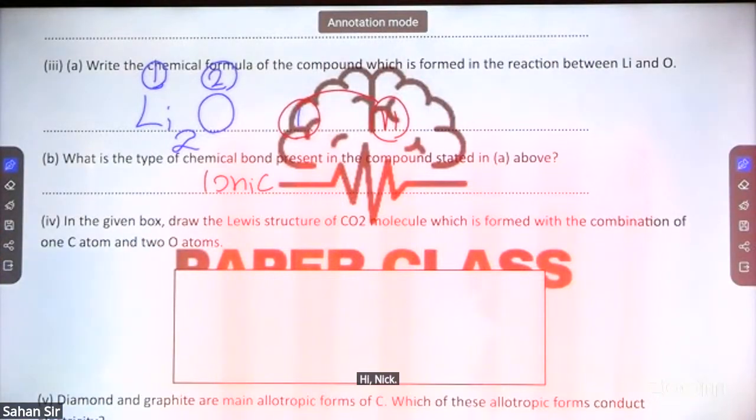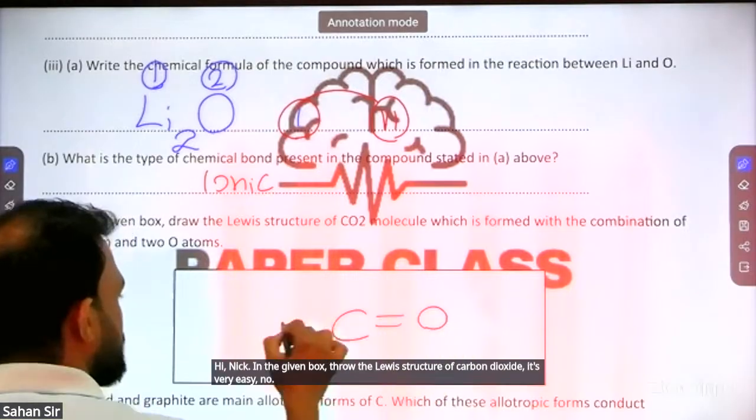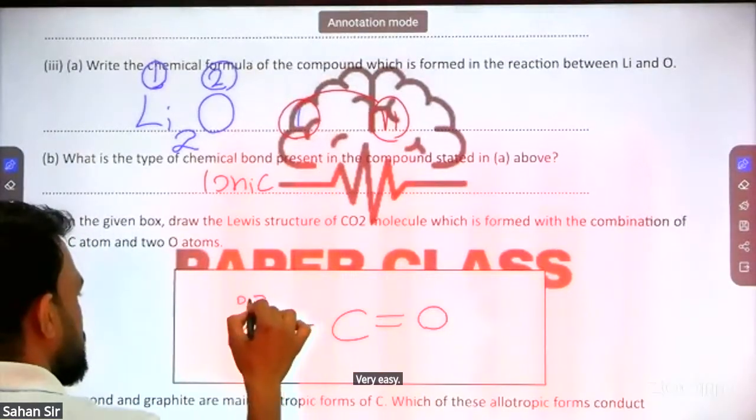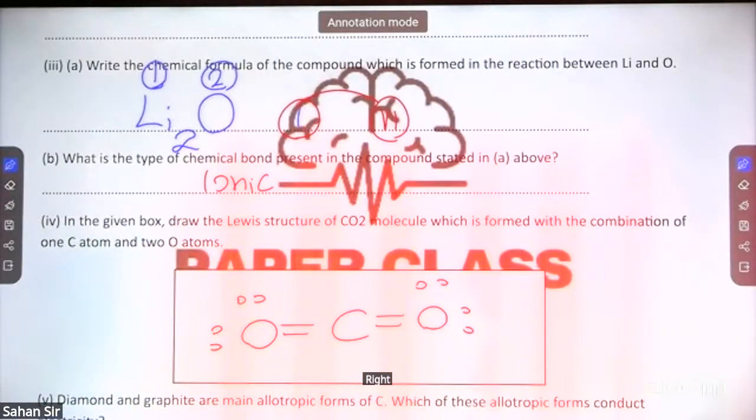In the given box, draw the Lewis structure of carbon dioxide. It's very easy, no? Very easy. Right. Is it clear?